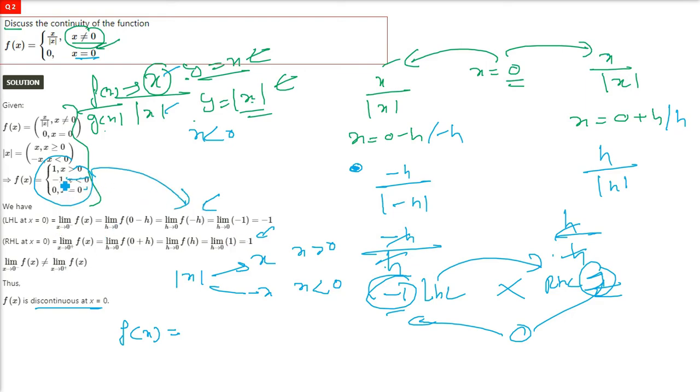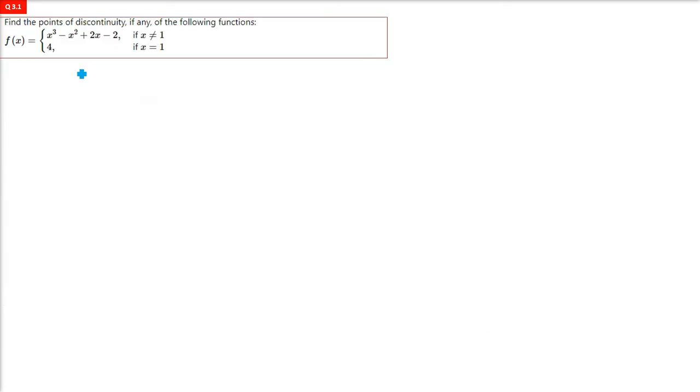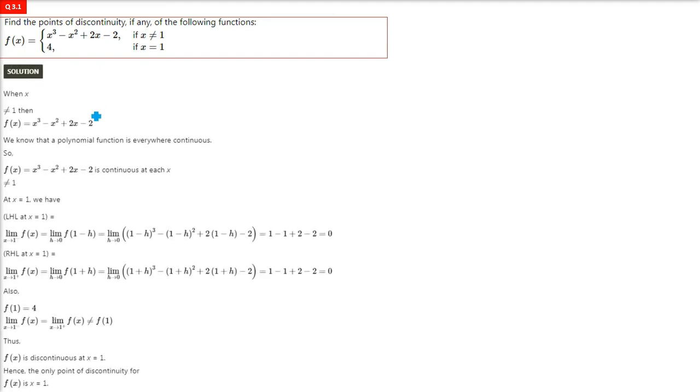Okay. So this is one of the types of question, and there are questions coming which are of the same type. That is, we have multiple questions of this type, 3.1, 3.2, etc. Find the points of discontinuity, if any, of the following functions. First concept is very clear. When x is not equal to 1, what we are going to do?